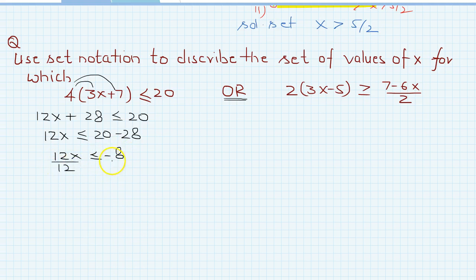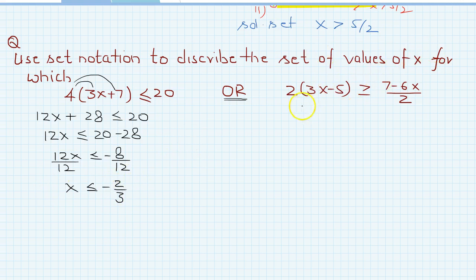Divide both sides by 12. So we have x is less than or equal to, 4 times 2 is 8 and 4 times 3 is 12. That is one inequality we have got.